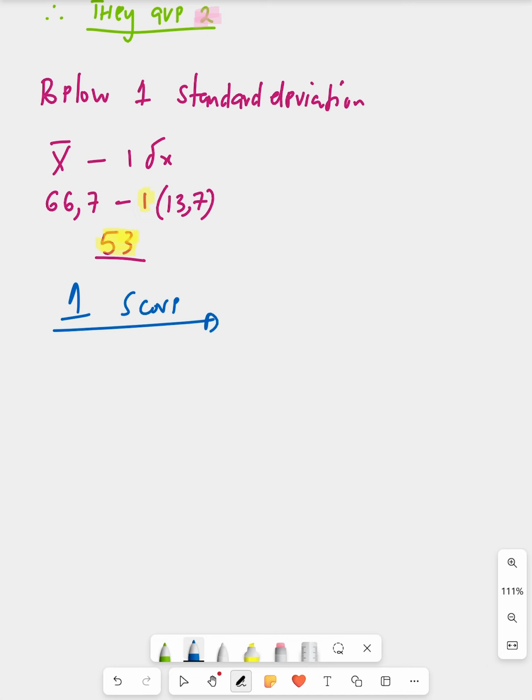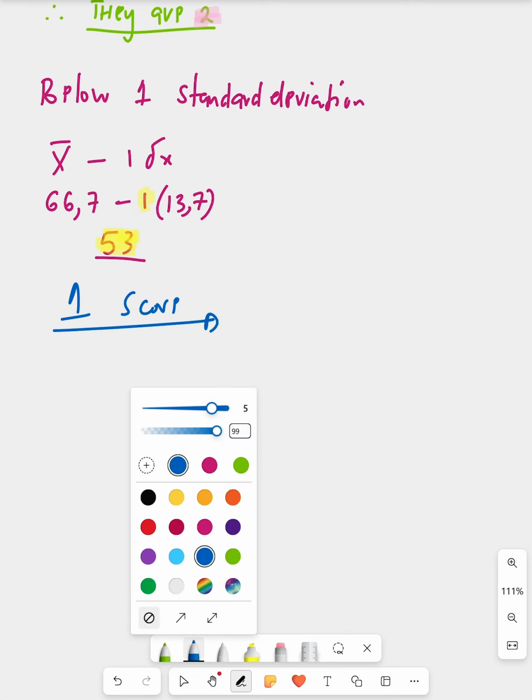And then there is also outside, which is the combination of below and above.